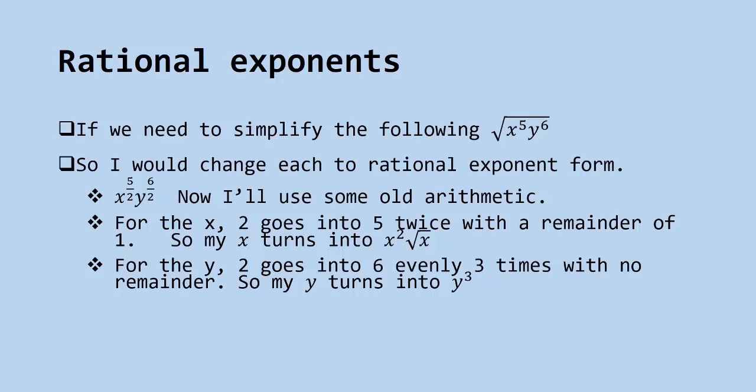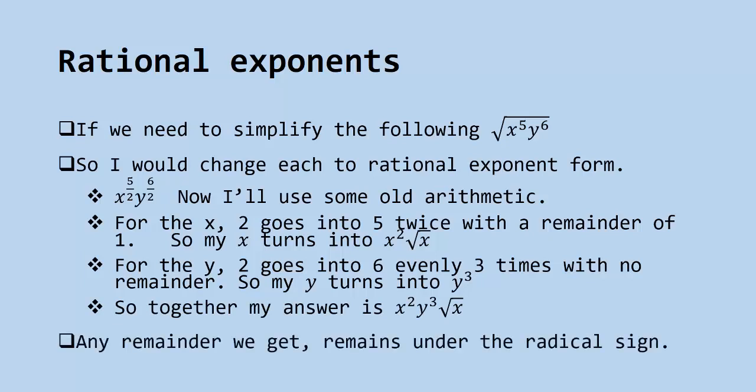So my y goes from y to the 6th over 2 to y cubed. So together my answer is x squared y cubed times the square root of x. Any remainder we get, such as the 1 with my x's, will always remain under the radical sign.